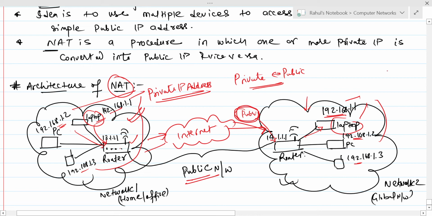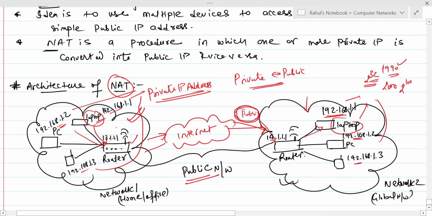In the 1990s the total number of gadgets was small, but in 2000 the total number of gadgets is much more than this. So how can we assign this much? How can we afford this many IP addresses? Not possible. And there was no invention of IPv6 yet. So this is how they manage things using the concept of network address translation.